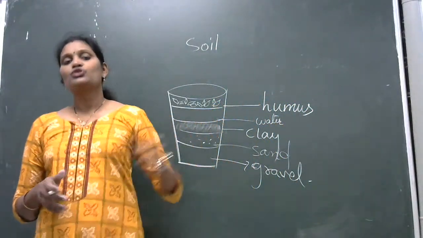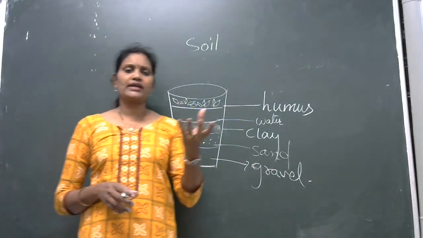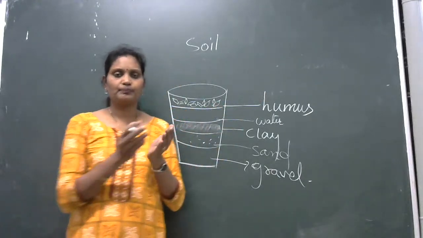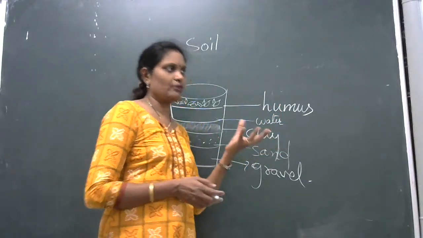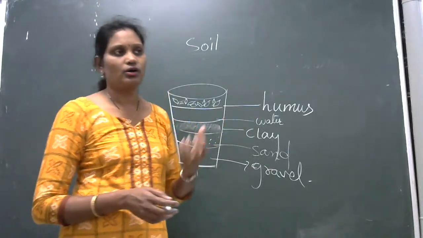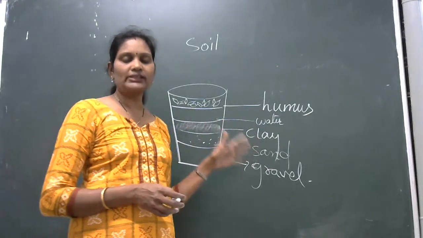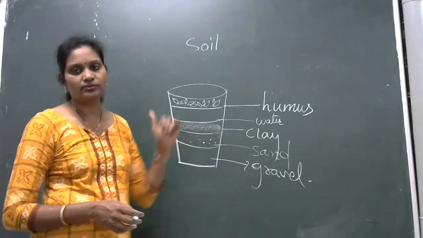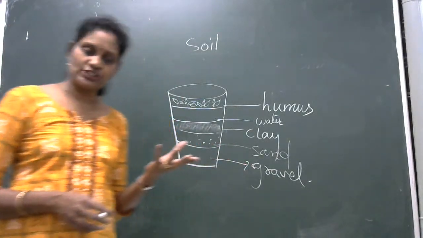Okay. So this is if we take a simple sample of soil, like a sample from the garden or from our home, the ground, and we put some water in it, we can see such types of layers. If you want, you can also do it and watch it.